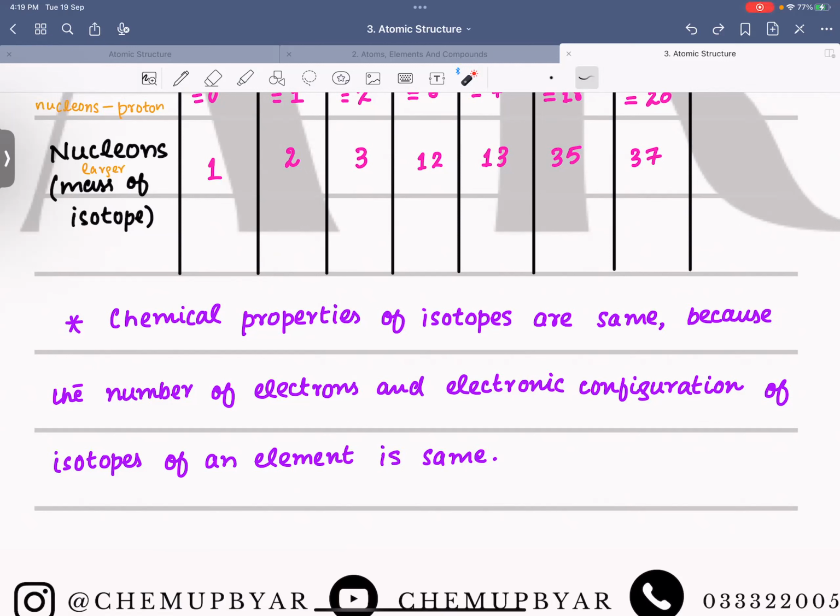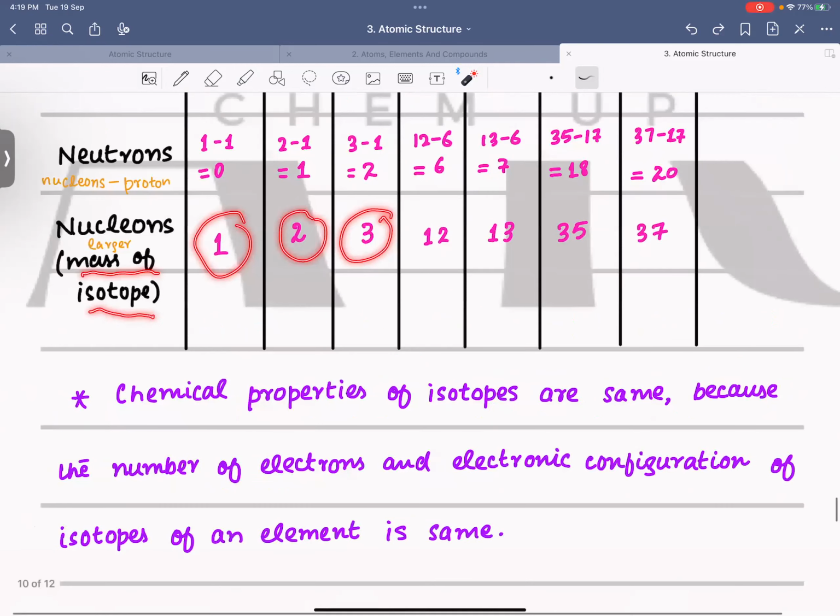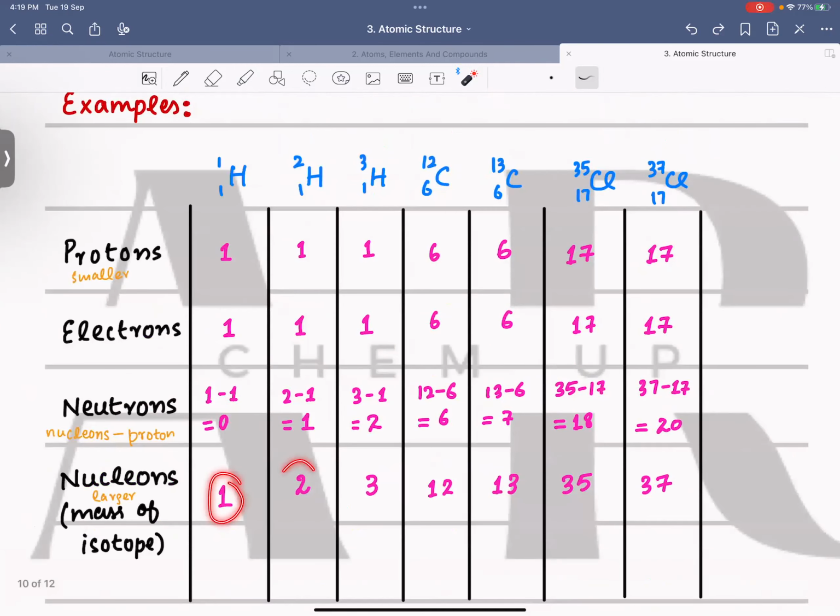Okay. When we talk about their physical properties, I have told you that the nucleon number is basically the mass of isotopes. So what about their mass? These three are the isotopes of hydrogen and their masses are different.